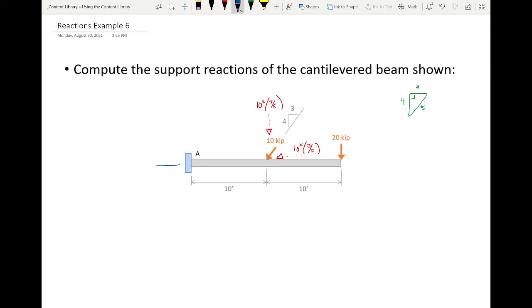To the right. Vertical reaction, up or down? Up. Okay, moment reaction. Like that? Let's do that. I'm glad you said that.